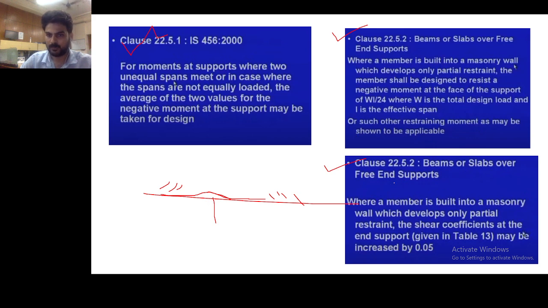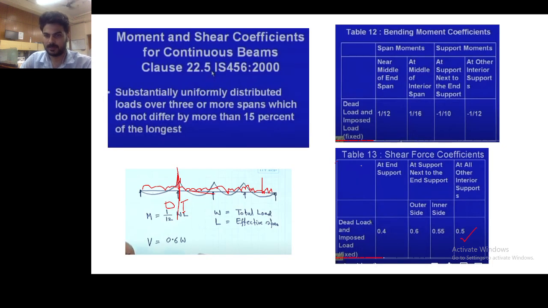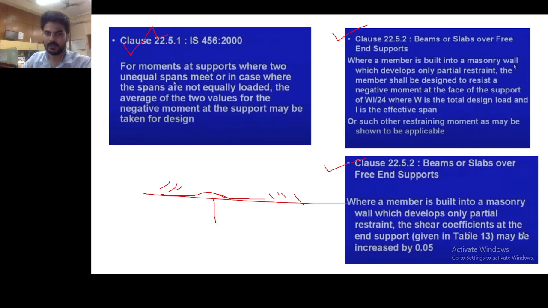And for a beam or slab over a free end support where the member is built into the masonry wall which develops only partial restraint, the shear coefficient at the end support given in Table 13 may be increased by 0.05.